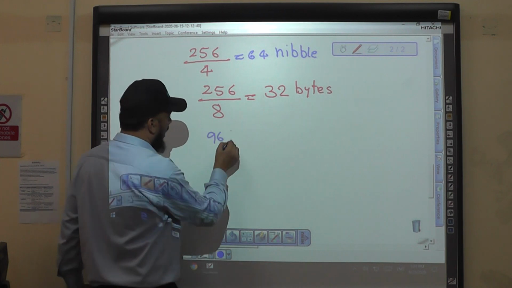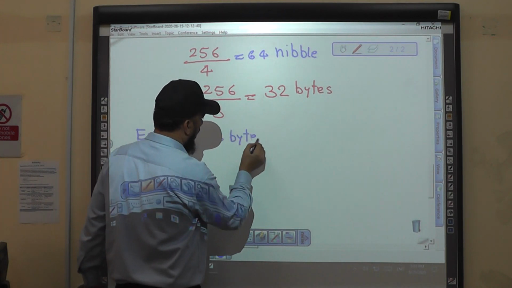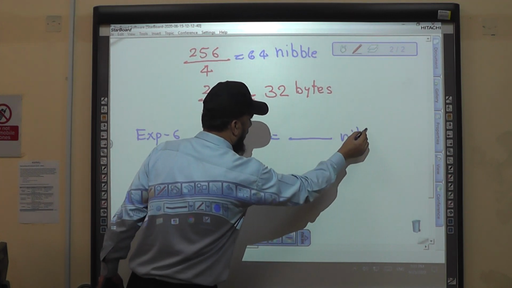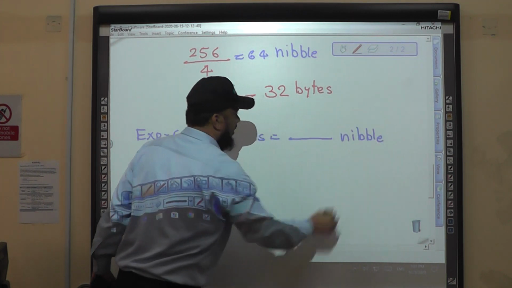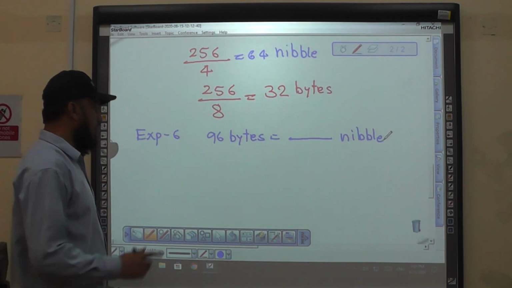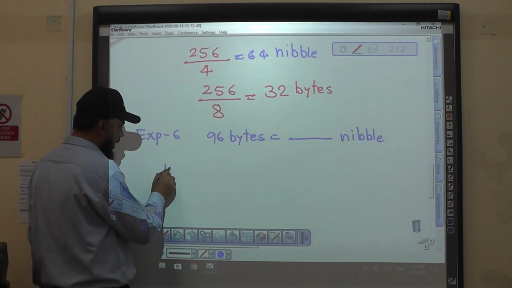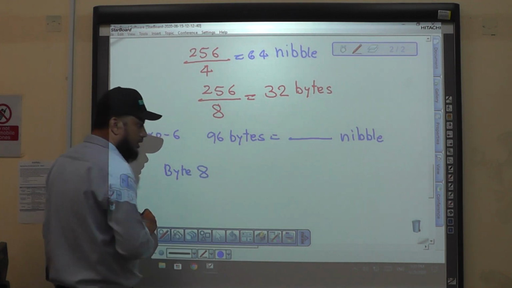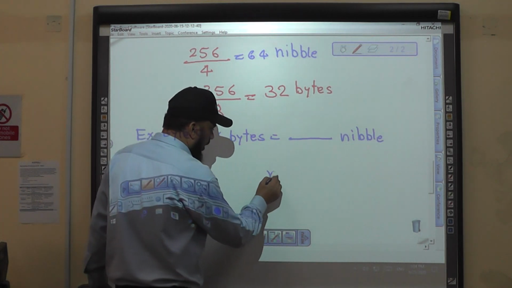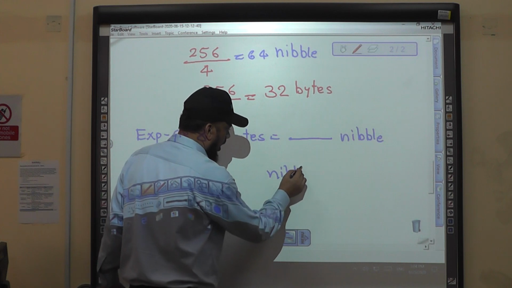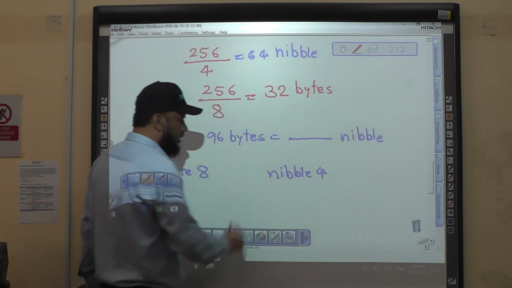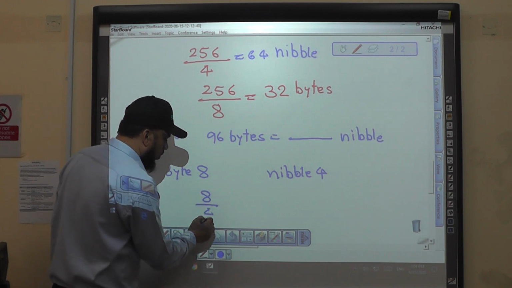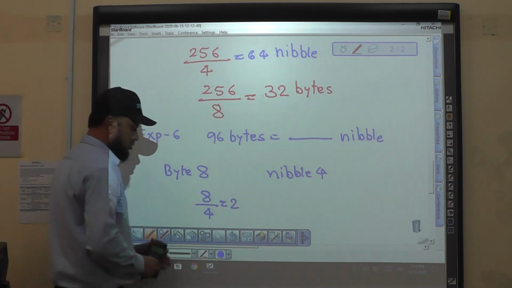Okay. Now one more type of question is example 6. 96 bytes equal to how many nibbles? How can you find out this one? As we know, a byte is 8 digits and a nibble is 4 digits. If you divide 8 by 4, you will get the answer 2.